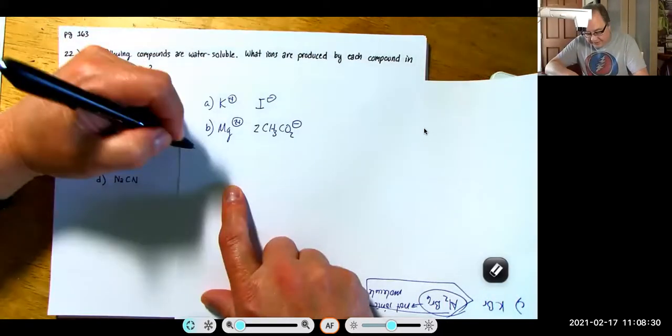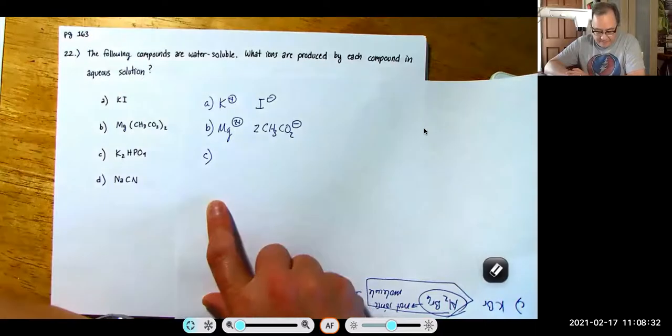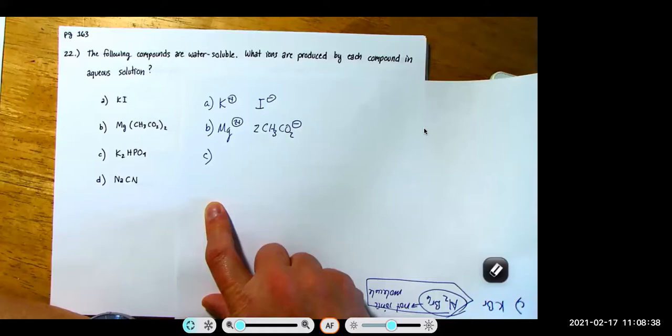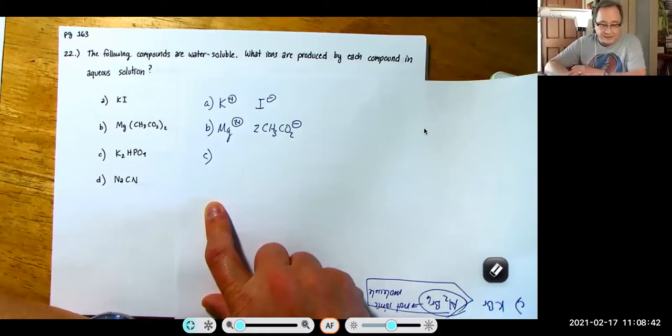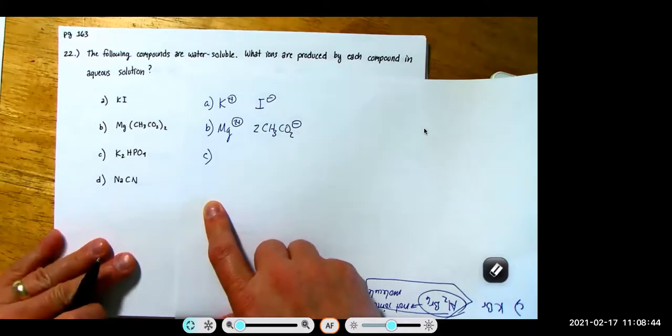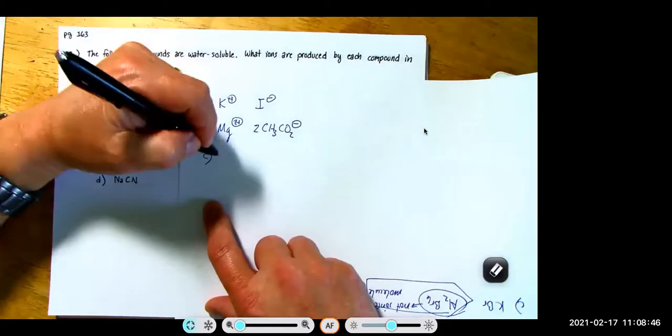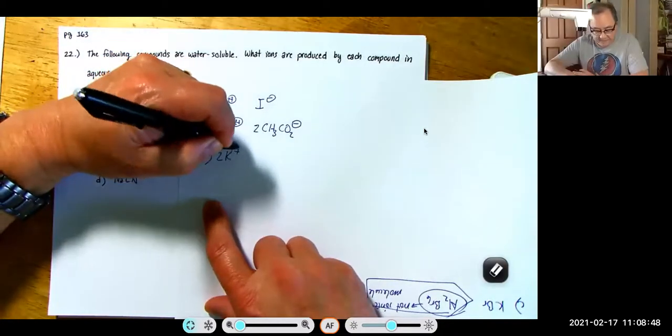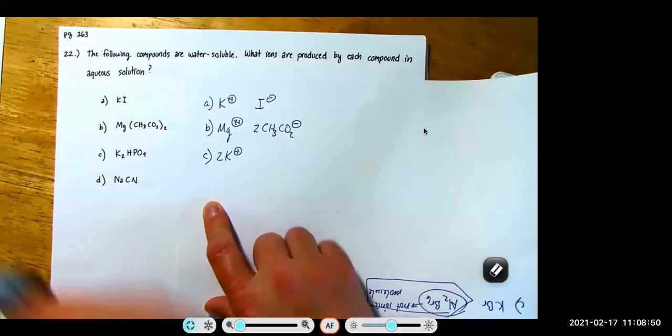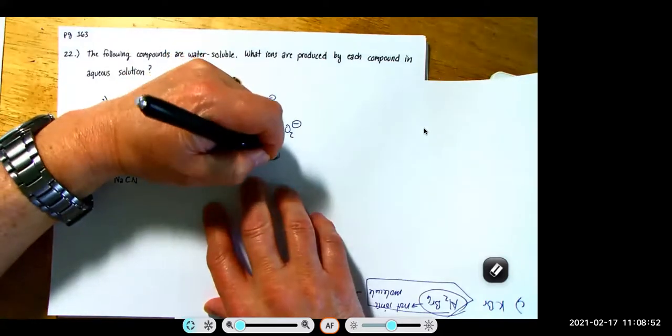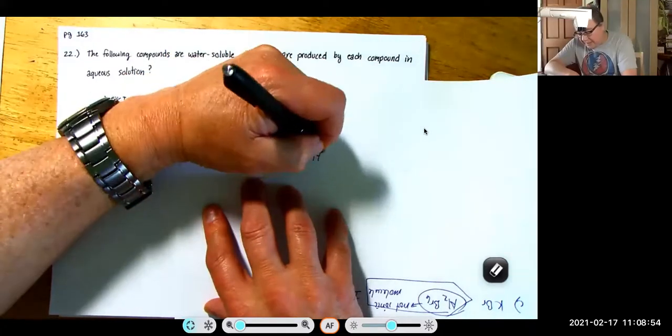Okay, how about C? Well, it has a phosphate, but it shouldn't matter, right? Because potassium wins. Okay, so it's soluble too. And then 2 potassiums, right? 2K plus. And now, should I write it out this way, or should I write it out this way?